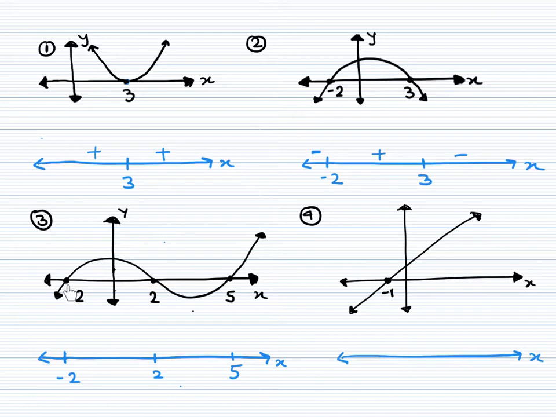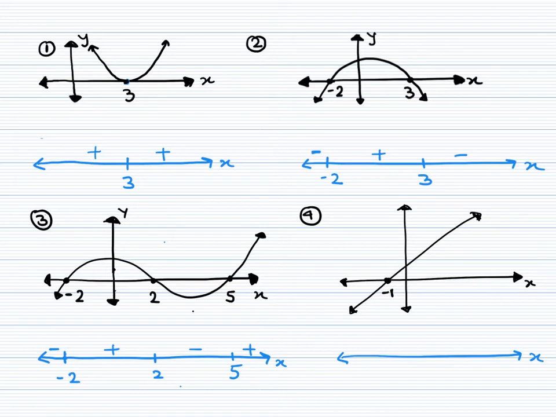Before -2, the graph is below the x-axis, which means it is negative. Between -2 and 2, it is above the x-axis, which gives us positive. Between 2 and 5, it's below the x-axis, which gives us negative. And after 5, it's above the x-axis, and that is positive.